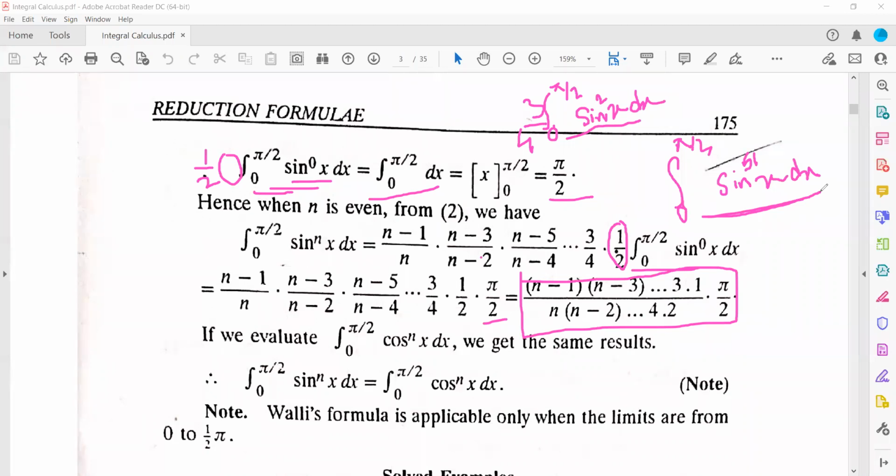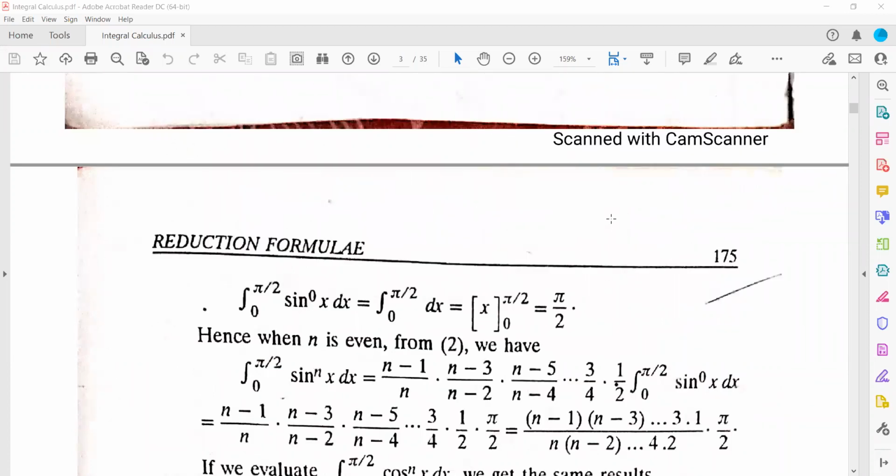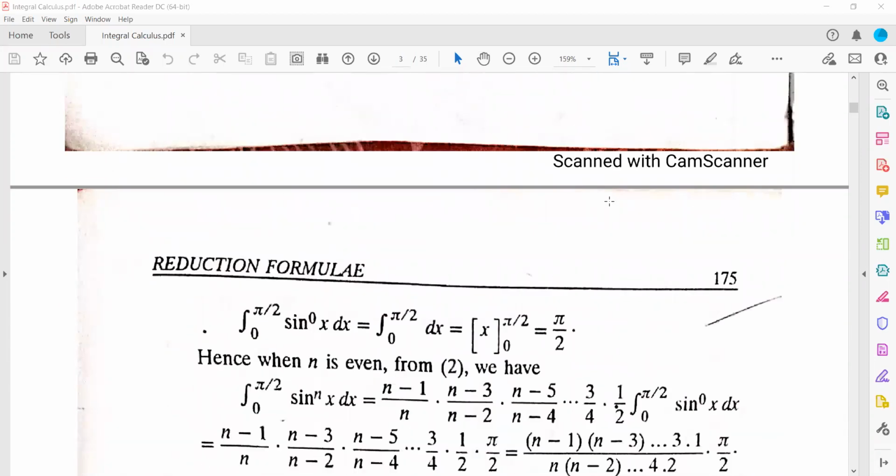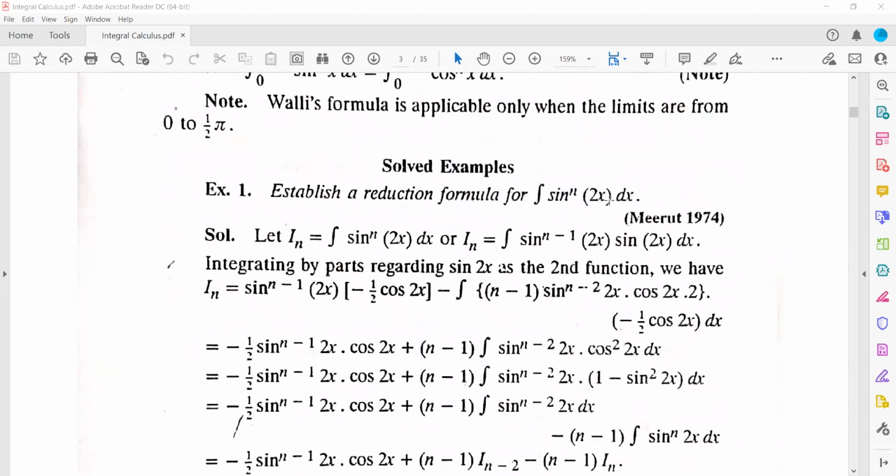Is that clear? So here many problems have been discussed. Just one problem I am showing. In this, both formulas you must remember. Then only you can apply that.